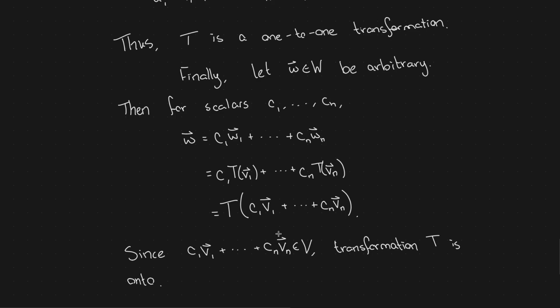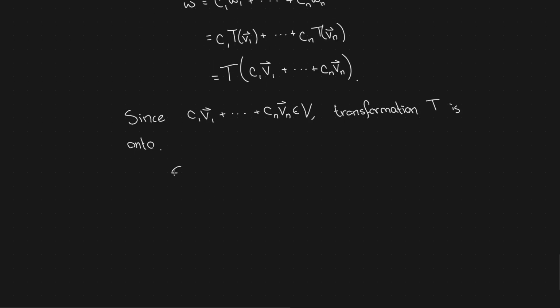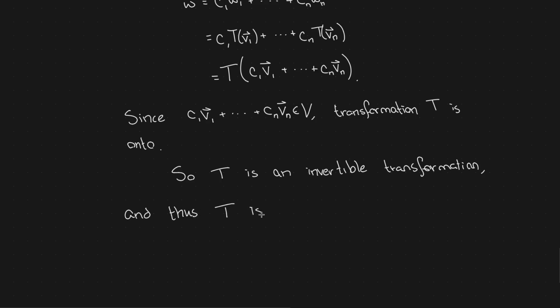All right, so we've shown that T is one-to-one. We have shown that it is onto. Those are the two conditions we need for T to be an invertible transformation. And thus T is an isomorphism.